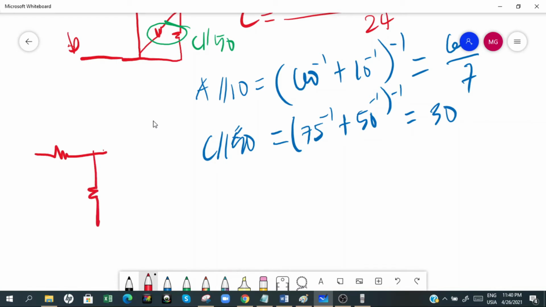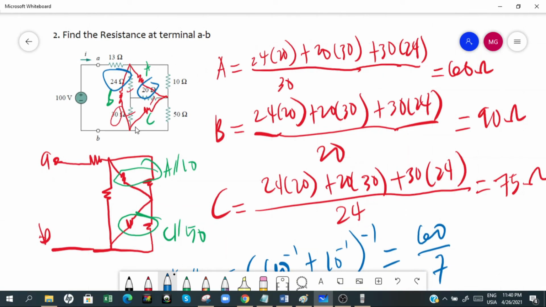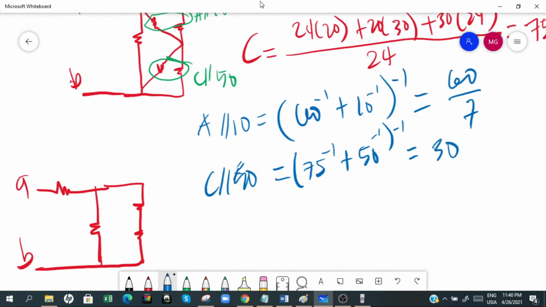This is A, this is B. If we recall, this is 13, and B is equal to 90. So this is 13, this one is 90, this one is 60 over 7 from here, and this one is 30.